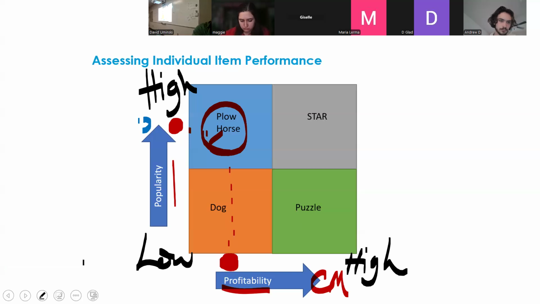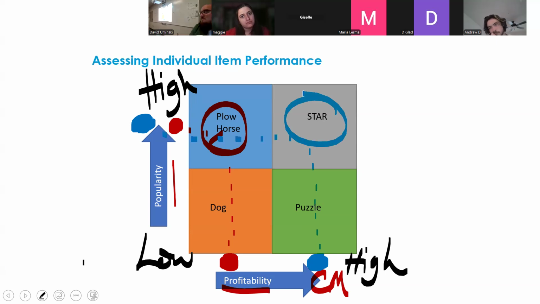If something has a high popularity and it has a high contribution margin, these 2 lines come together at our star, which means people love it, it's super popular, and it makes us a lot of money. So it's our star. If something is low profitability, low contribution margin, low popularity, those 2 lines come together at the dog.